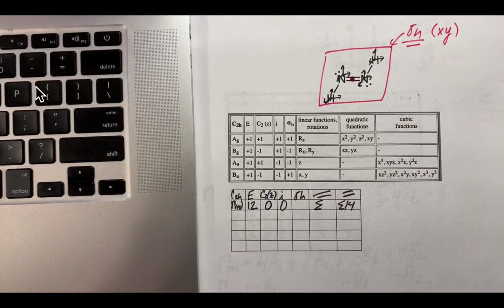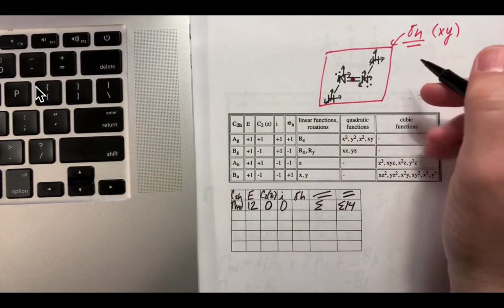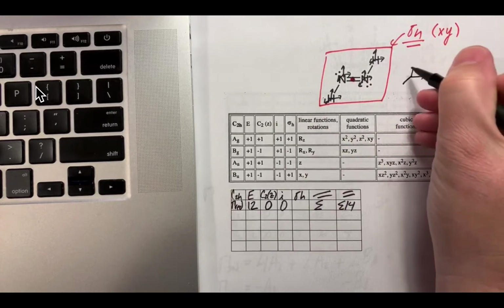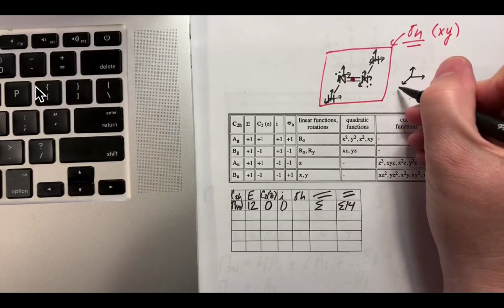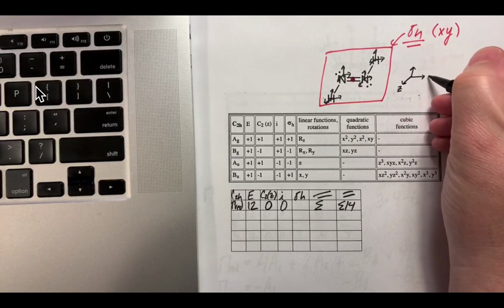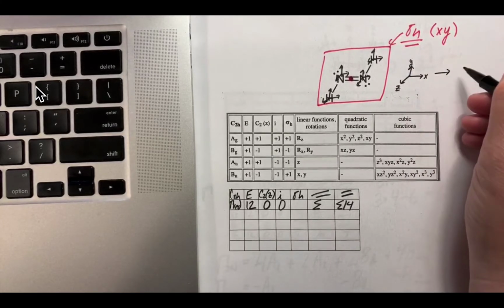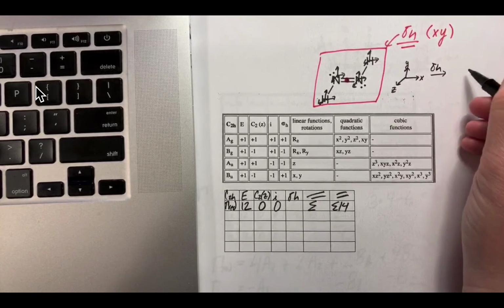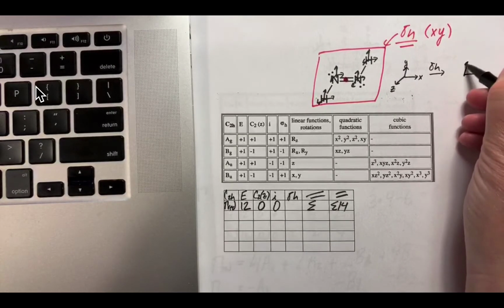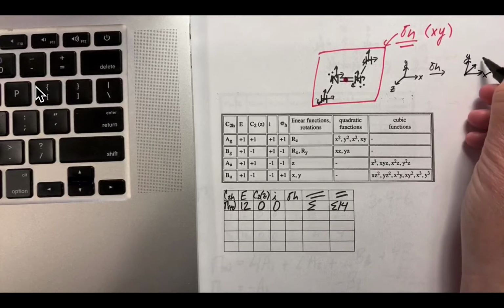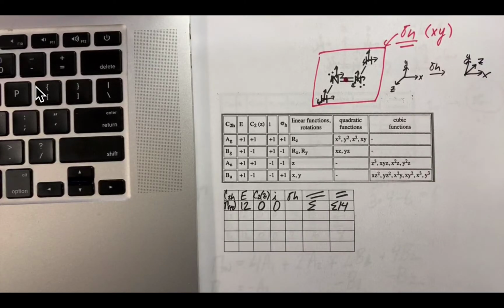And then we have a horizontal mirror plane here. All the atoms lie in there, so they're all going to come into play. And it's going to be similar to what we saw before. Now if I have my orientation, I've changed it a little bit. So Z out and X and Y being the plane that the molecule lies in. If I do that horizontal mirror plane, Y is left alone, X is left alone, and Z goes into the negative of itself.